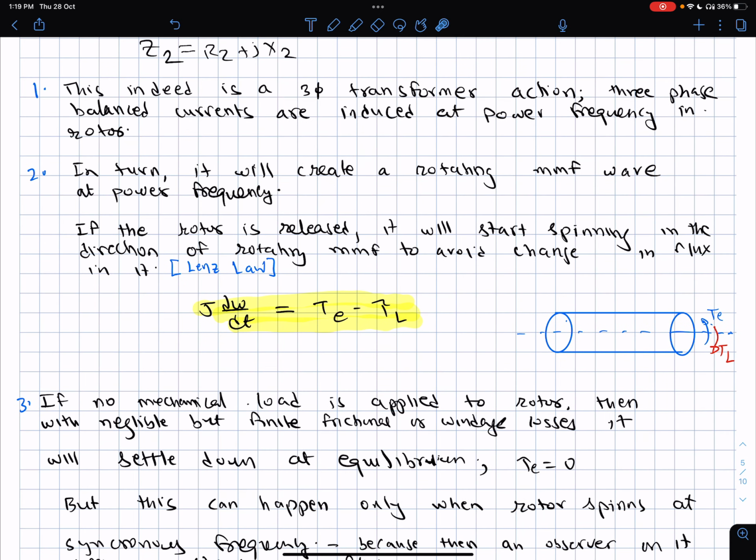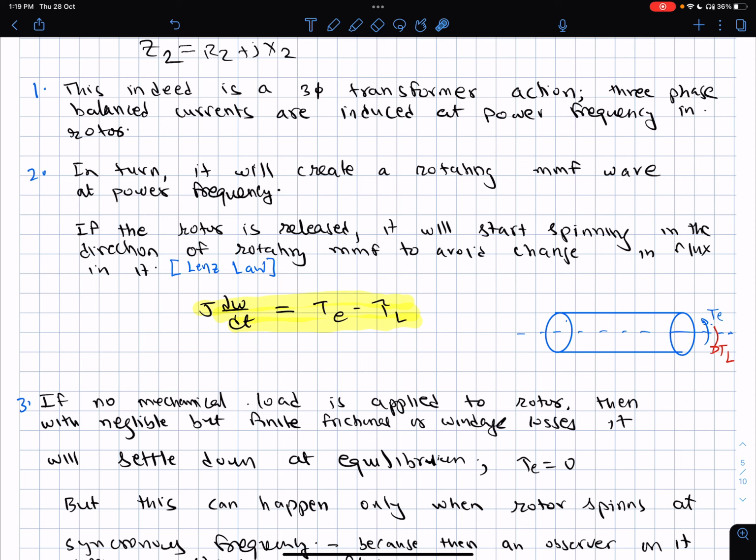Now, if the rotor is released, all right, now suppose you don't hold on to this rotor, then what will happen? It will start spinning in the direction of the rotating MMF wave. Why? Because Lenz's law says that the induced EMF should be such so as to oppose the rate of change.